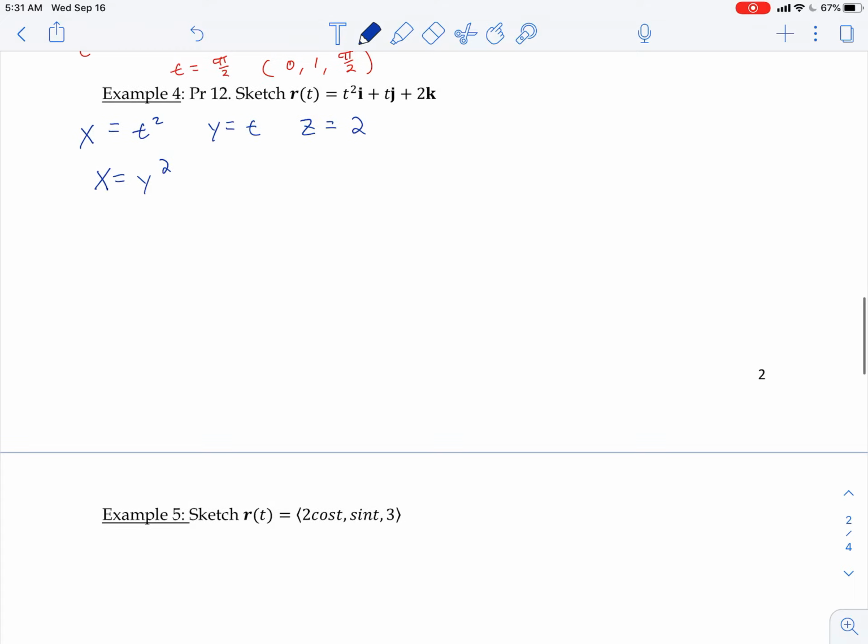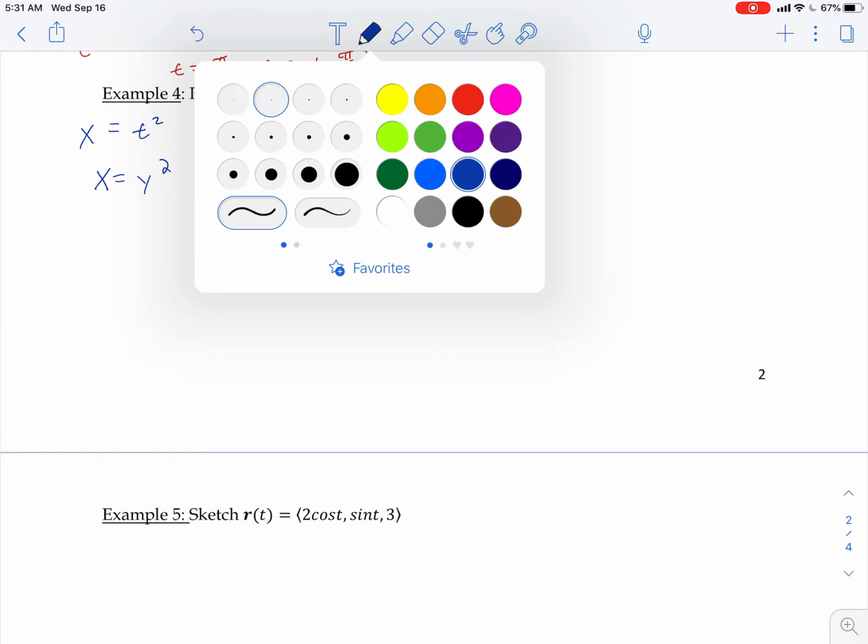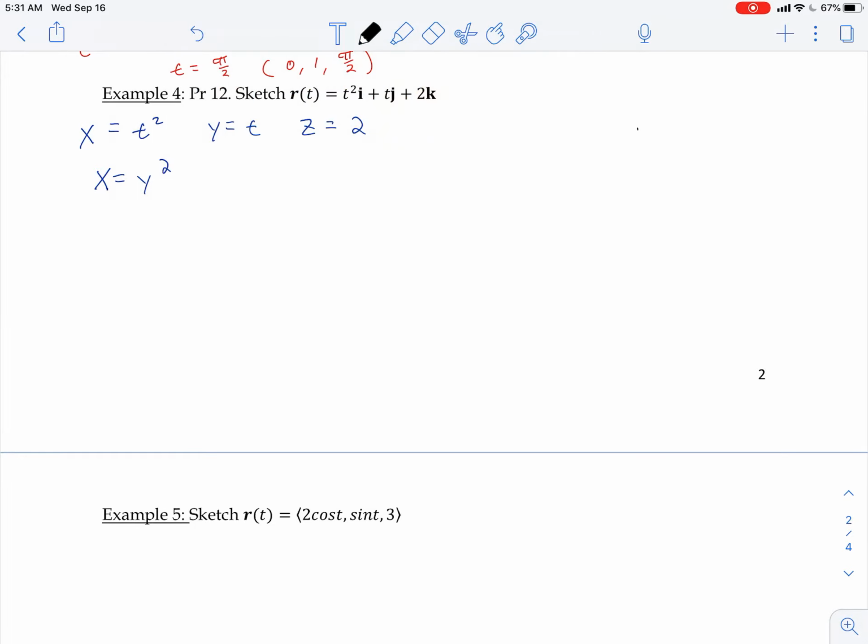It's a parabola on the xy plane. So I'm going to draw the xy plane, and create the parabola real fast.